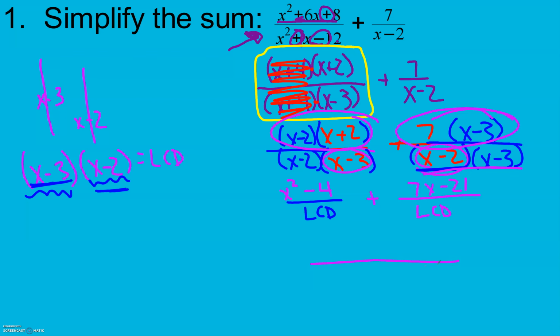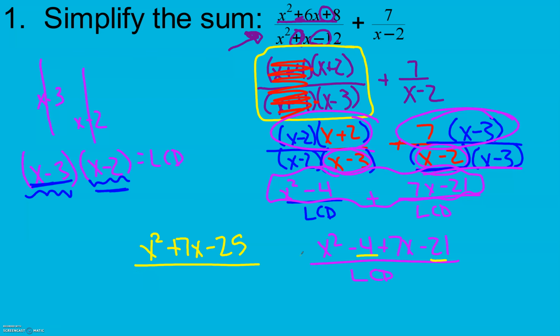Once I have that common denominator, I can go ahead and add across the top, add my numerators. So I get x squared minus 4 plus 7x minus 21. We're going to combine any like terms, which gives me x squared plus 7x minus 25 over that common denominator, x minus 3, x minus 2.